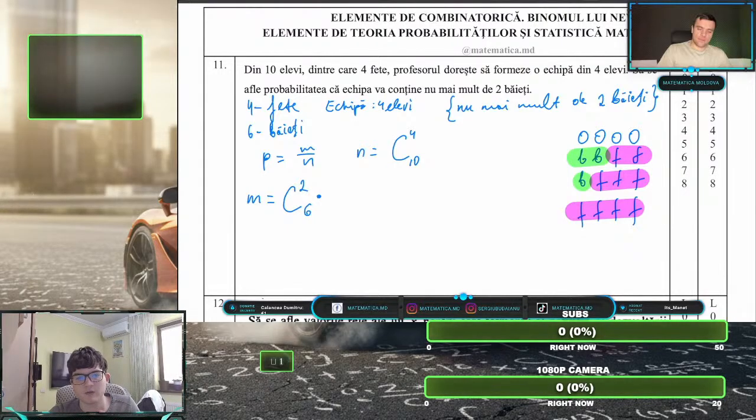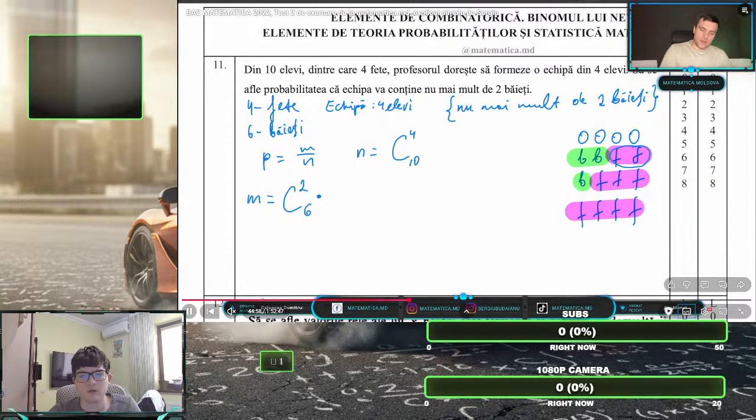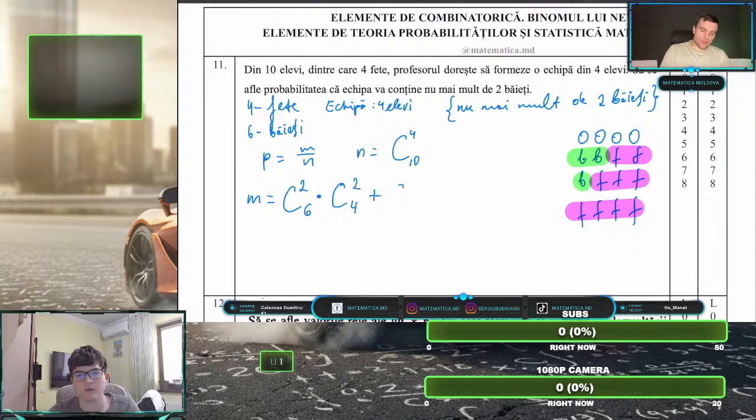Then plus C with a 6 below, 6 boys, and take 1 above, and then times C. 4 girls, you take 3, and then just times C of 4 and 4, because there are 4 girls and you take 4 in terms of final row. So basically solve that, and you do the division, m divided by n, you get essentially what you need.